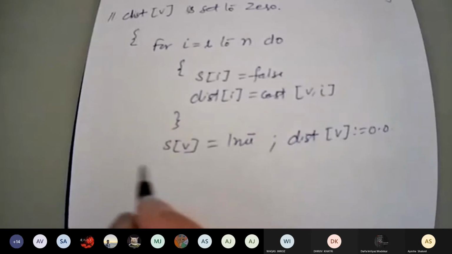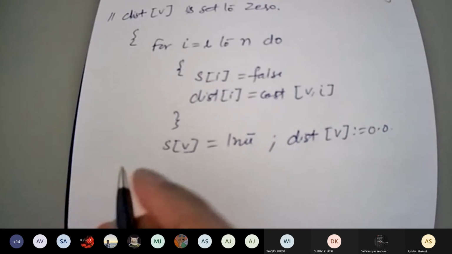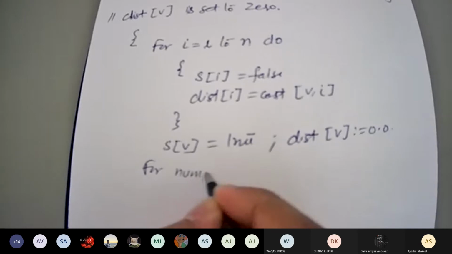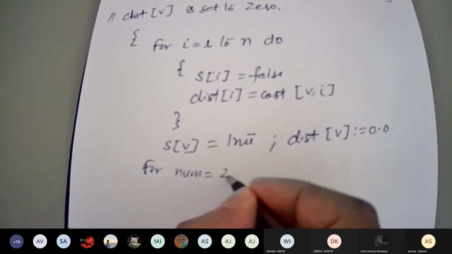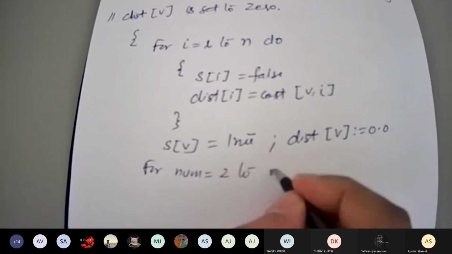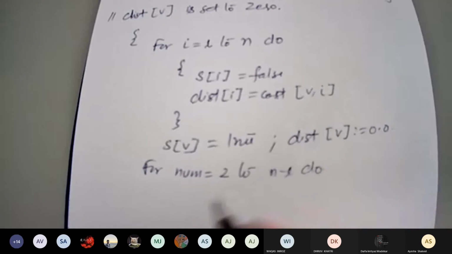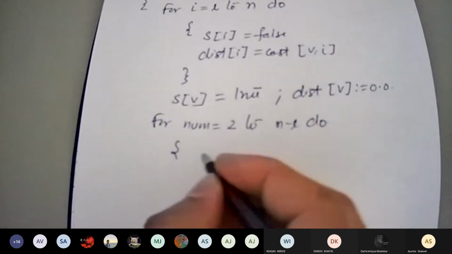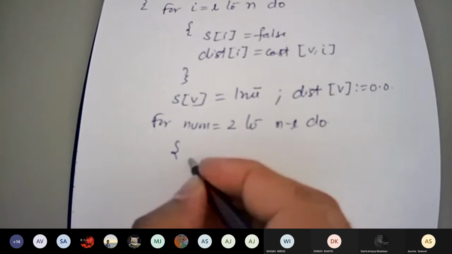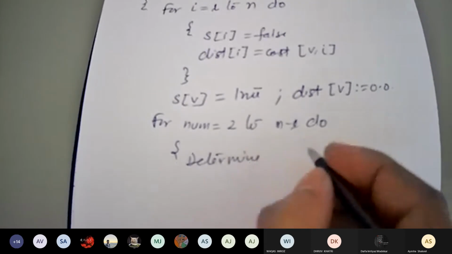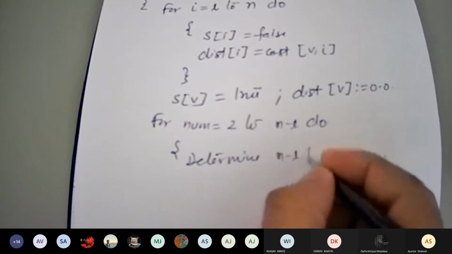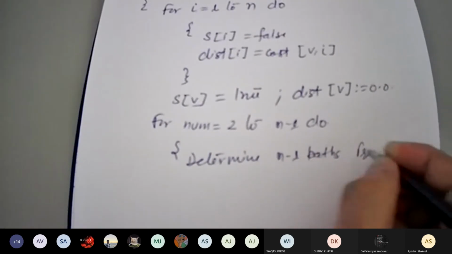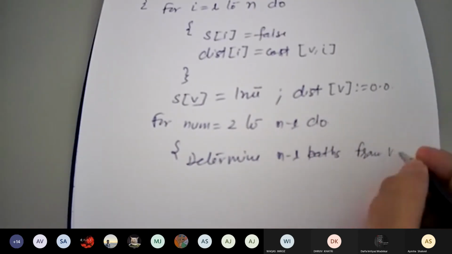Now what will you do? This is for initializing. Then for number equal to 2 to n minus 1 do, determine n minus 1 paths from V. With the example you will understand it better.